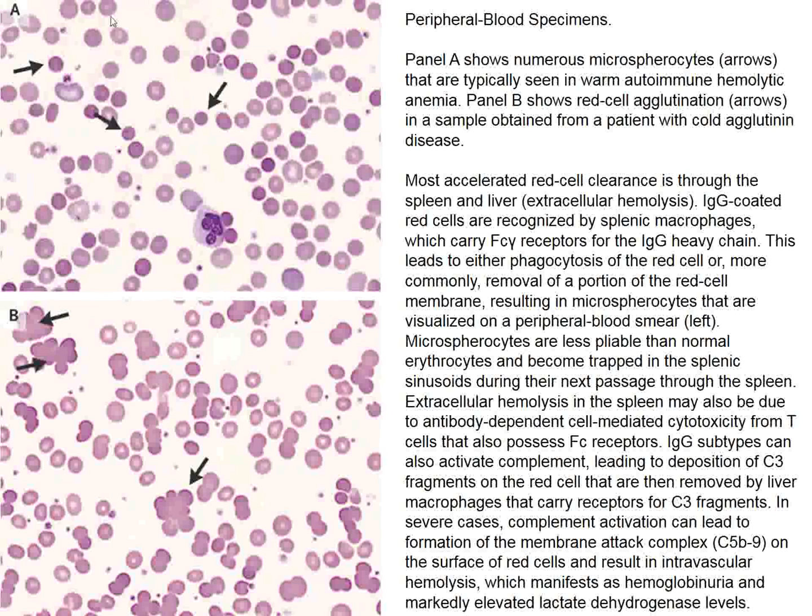And if we look at this peripheral smear, we see some erythrocytes that look pretty good. We see a pale center indicating that they have a concave configuration. There are a couple of schistocytes here, not very many, but what we see here are spherocytes. These erythrocytes no longer have a concave configuration. What happens here is in the spleen a part of the erythrocyte membrane has been chewed up by some sort of macrophage.